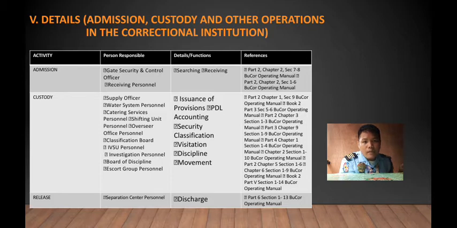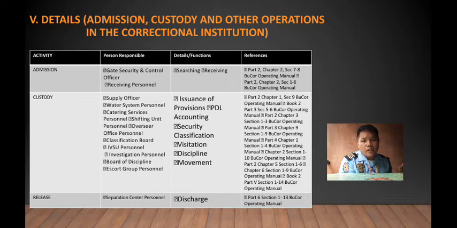It also has details or the function of the issuance of provisions, PDL accounting, security classification, visitation, discipline, and movement. Actually, in the reference of this custody, it has a lot of references that will show the facts about the custody.